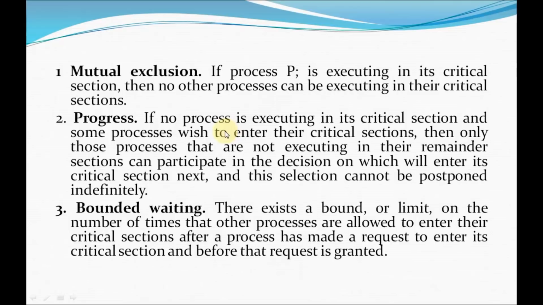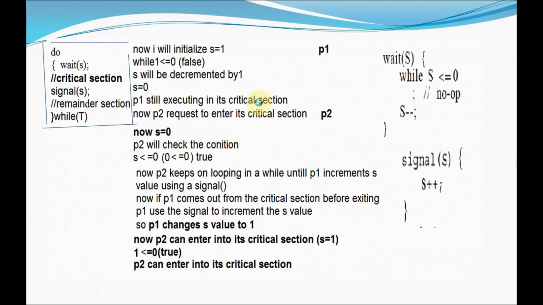What is progress? Progress means only the interested process should be allowed to enter into its critical section. Here P1 is interested, I allowed it. P2 is also interested, I allowed P2 to enter into its critical section. If P2 didn't have any interest, no worries, I could just leave it.